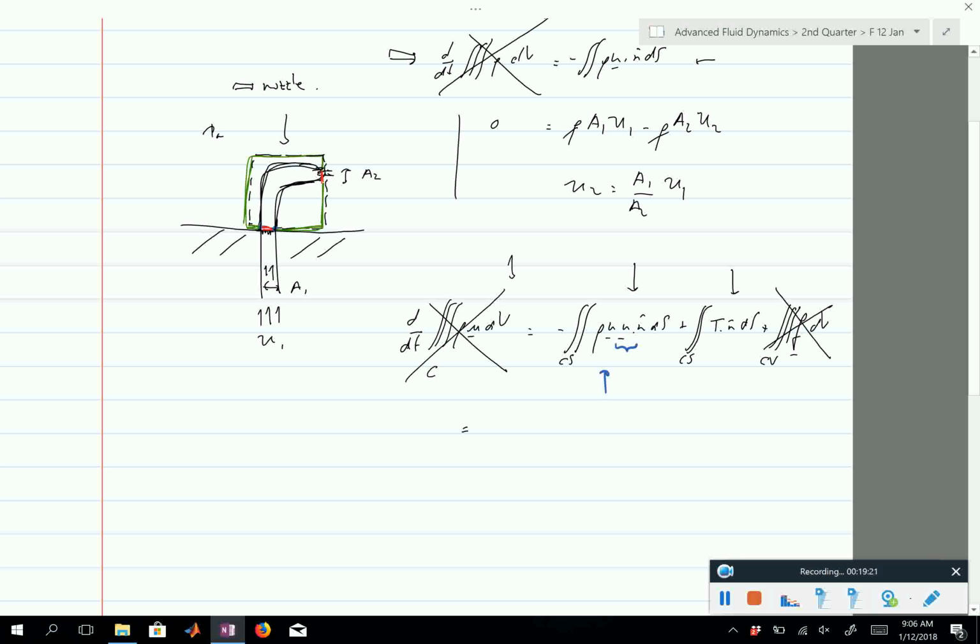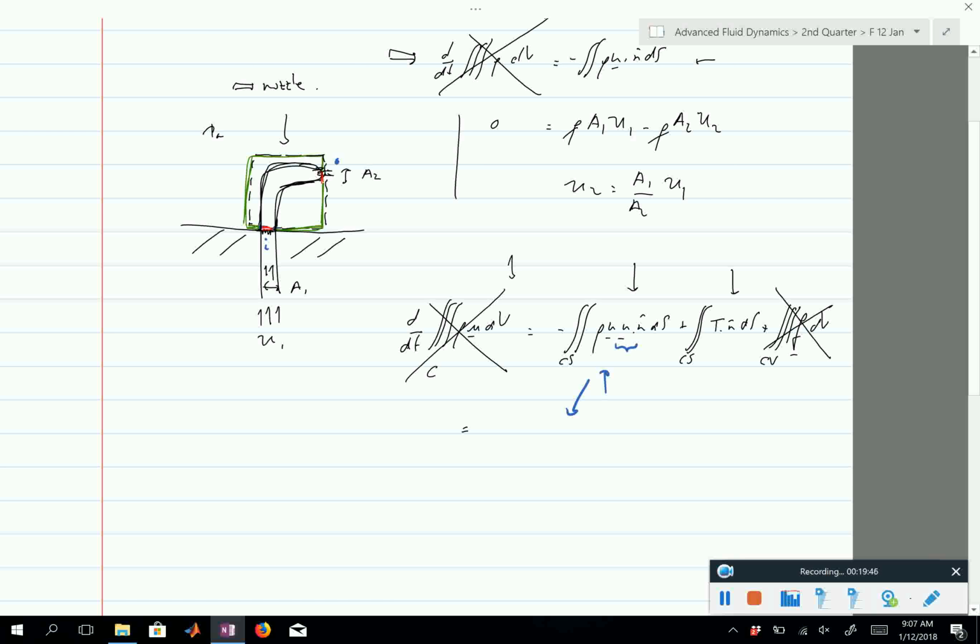Is that clear? There's no volumetric flow rate, but it doesn't mean that you didn't integrate over those areas. You did integrate over those areas, except there is no volumetric flow rate because there is no flow motion. So in the end, the only terms you're going to have left here is, let me call this the inlet, and this is the outlet.